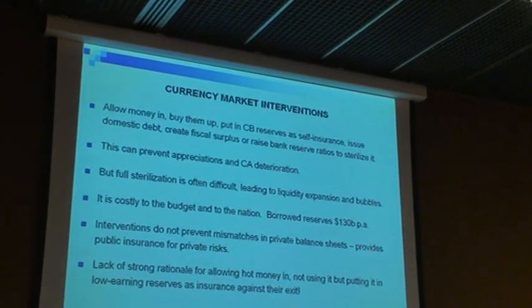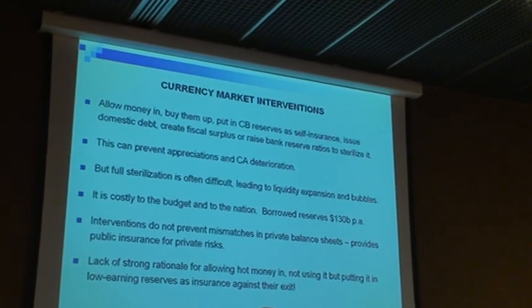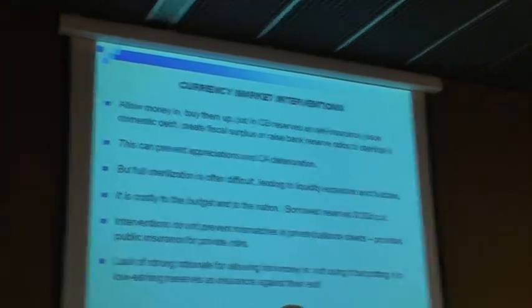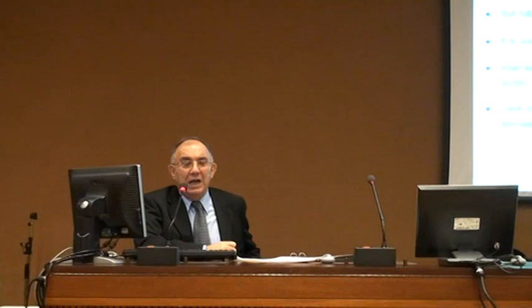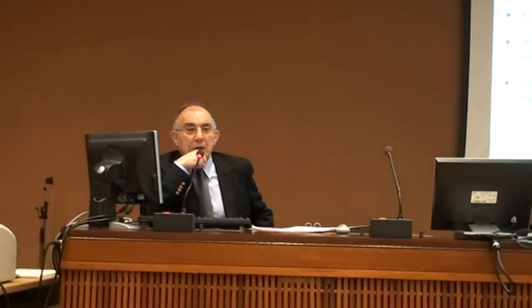One is currency market intervention. Central bank goes in, buys the currency coming into the country, issues domestic currency against that, puts the dollars into reserves, and sterilizes the effect of this operation on domestic liquidity by issuing government papers or central bank papers. This is called sterilized intervention.